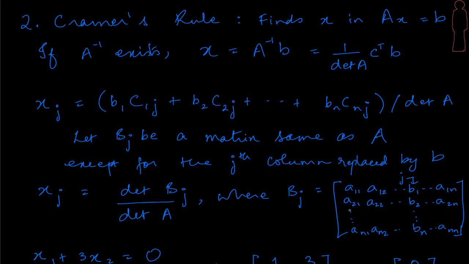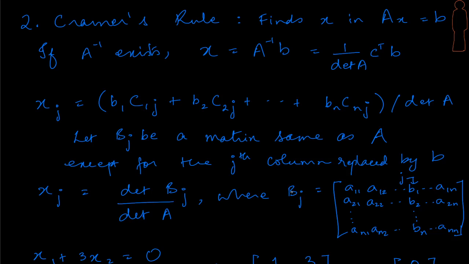If I look at this matrix's determinant using the jth column, the formula is going to be b1 times c1j, we have that here, plus b2 times c2j, we have it here, and so on up to bn times cnj, and we have it here, right? What does that tell us? That the formula we have written here is nothing but the determinant of this newly formed matrix, which we are going to call Bj.